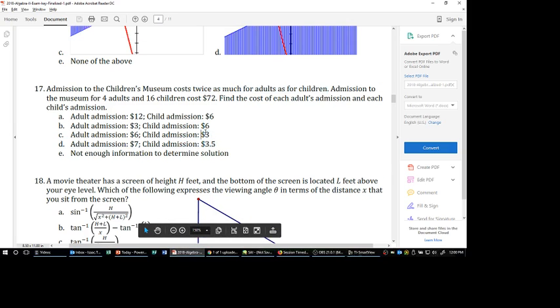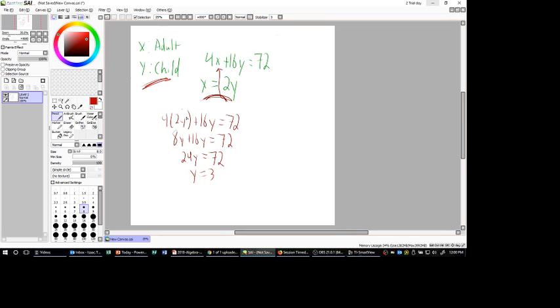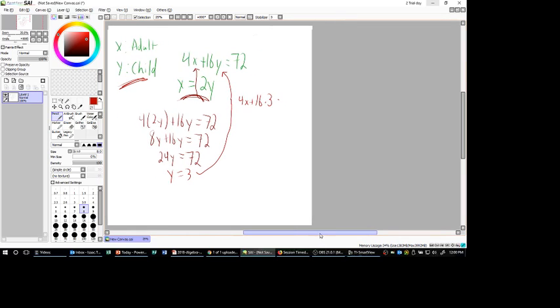And there's only one option that is. Now, I guess it could still be choice E, so we really shouldn't just quit right then. We can now substitute this back into the other equation and solve for x. So 4 times x plus 16 times y, but now that I know y is 3, I can be more specific.